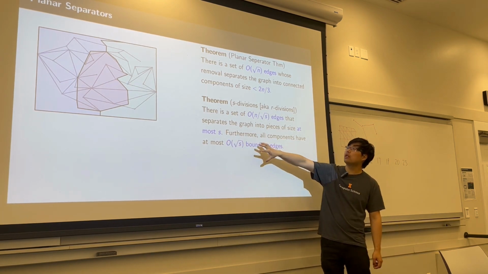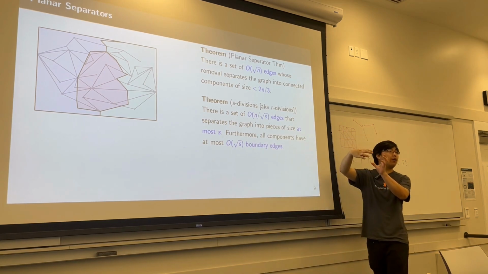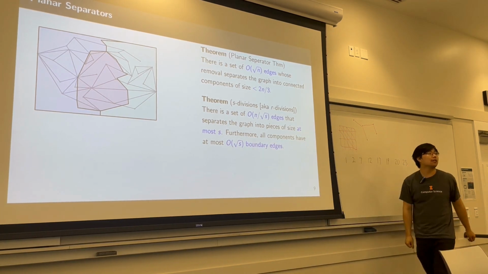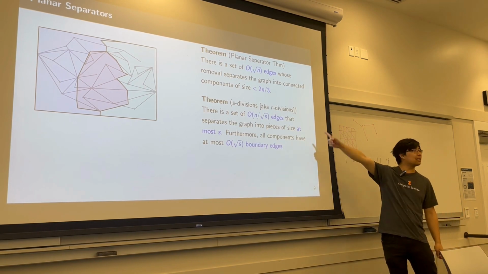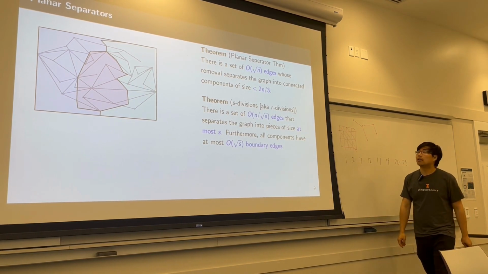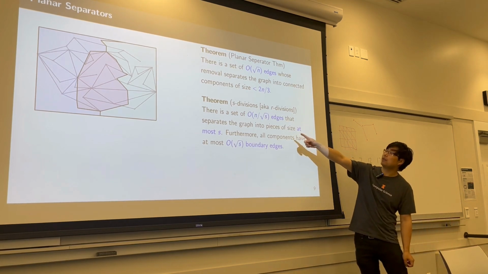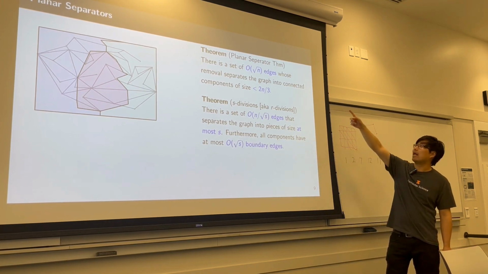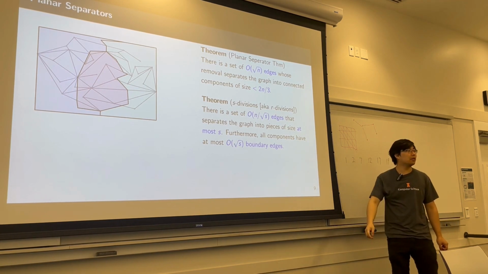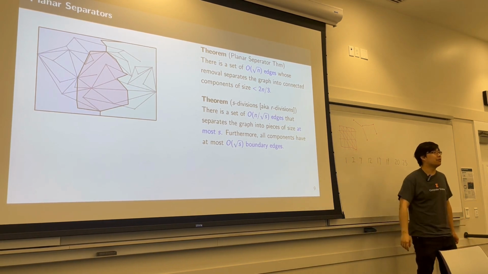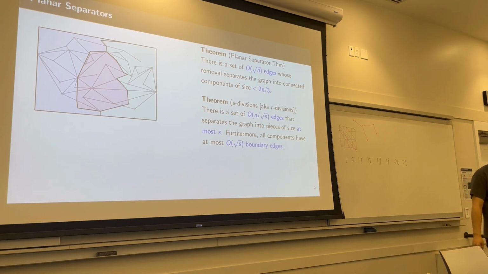And each component has a very small number of boundary edges, only square root s. So you can choose this parameter s however you like. And if you choose the parameter s to be exactly n to the 2/3, you'll get the planar separator theorem, but you can choose s to be much smaller, right? Like n to the delta or something.